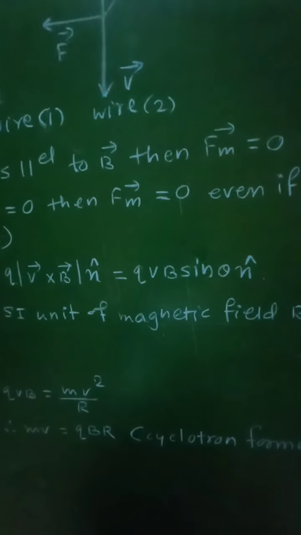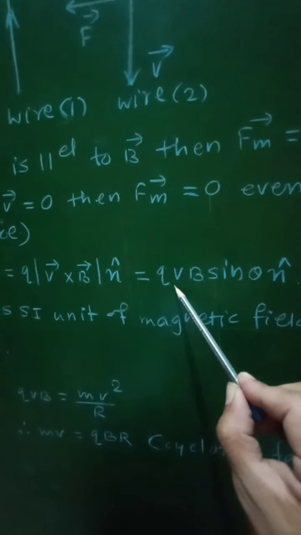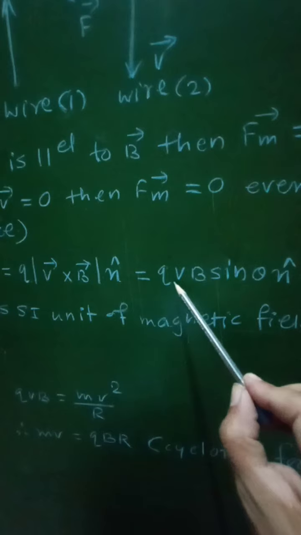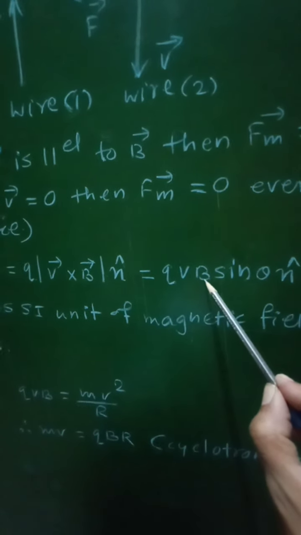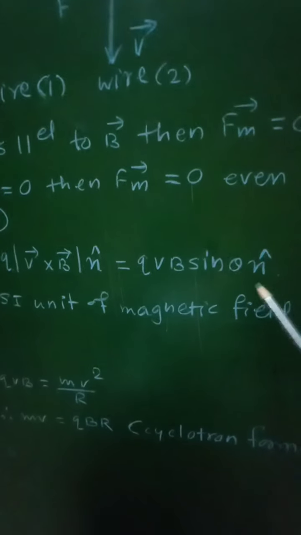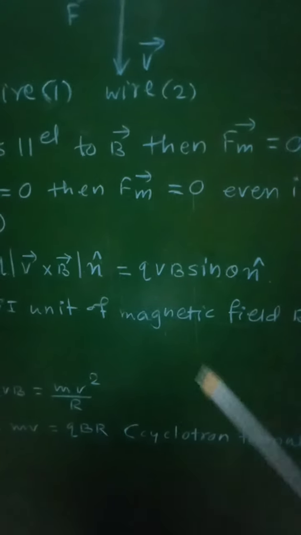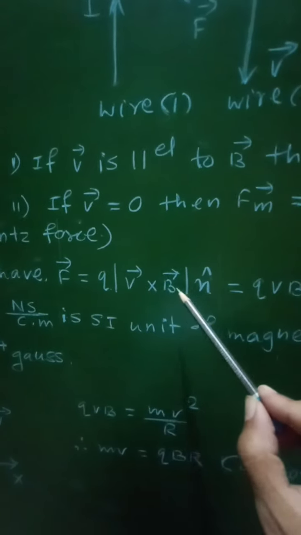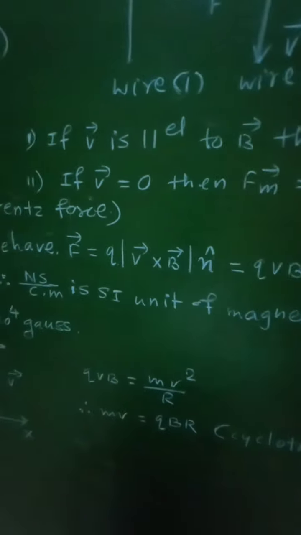So in this relation, theta is the angle between the two vectors v and B, that is, the velocity of that charged particle and the magnetic field, and n cap is the unit vector which is directed along the direction of v cross B.